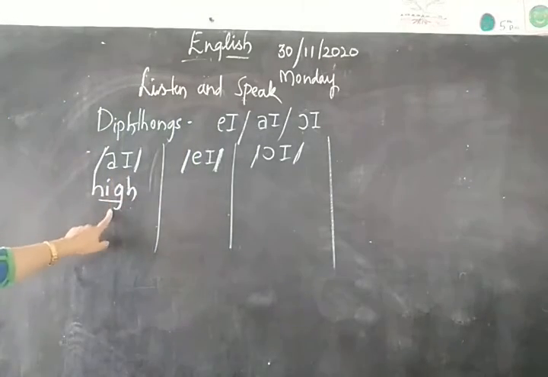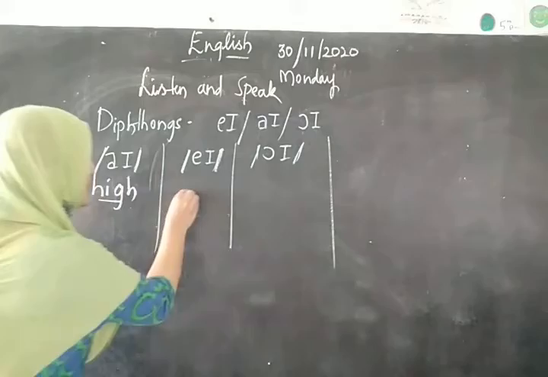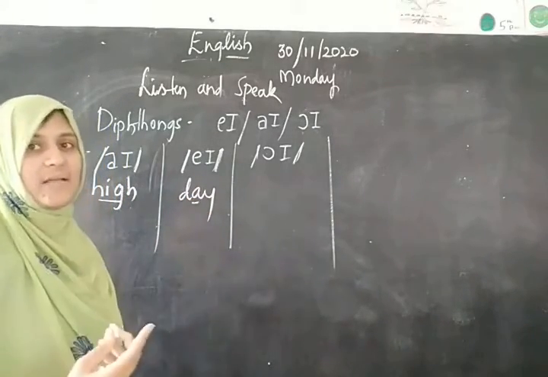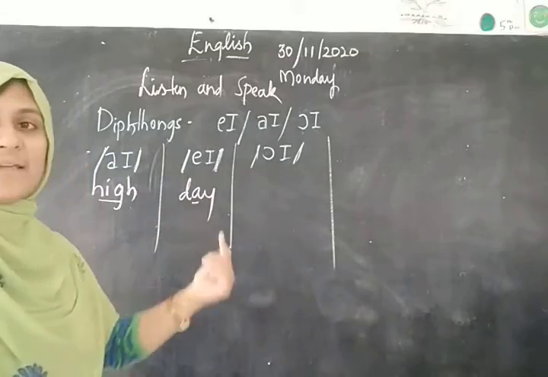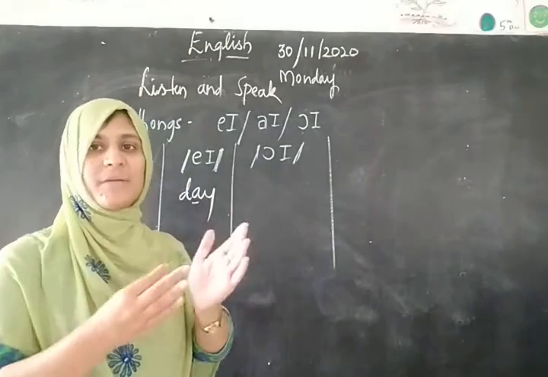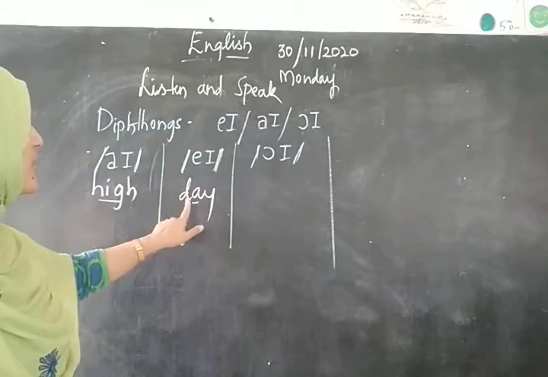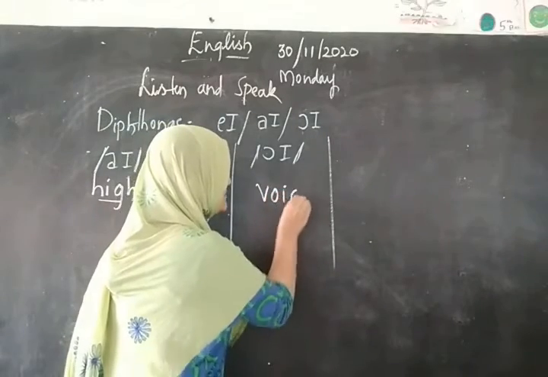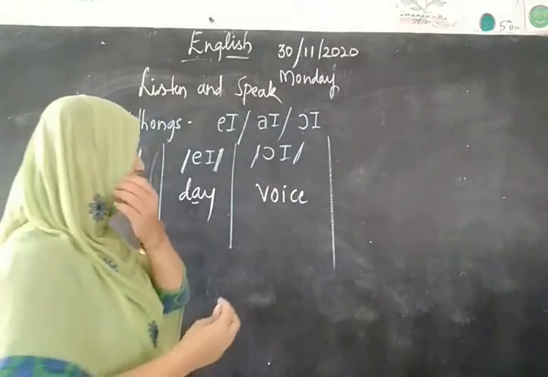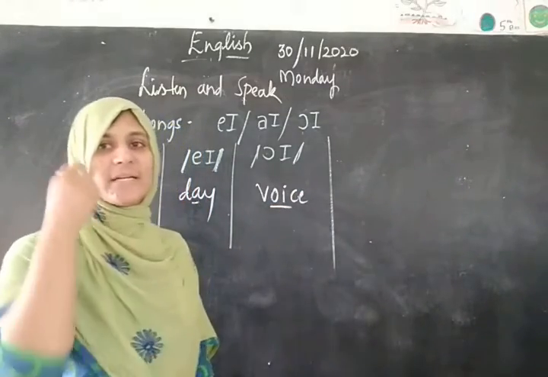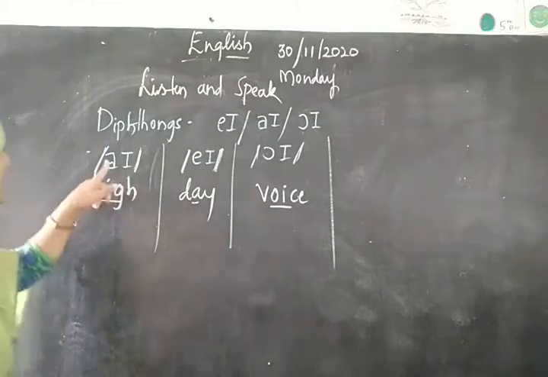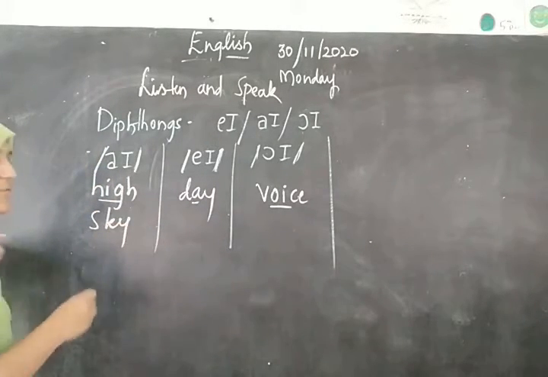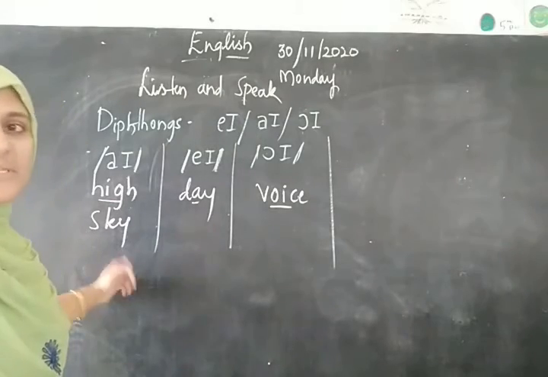And day: we are getting the A sound. So in day we get two vowel sounds, A plus I, hence it is a diphthong. Day, high, and another word is wise. We are getting here O as well as I sound. Another example is sky: we are getting A plus I sound.